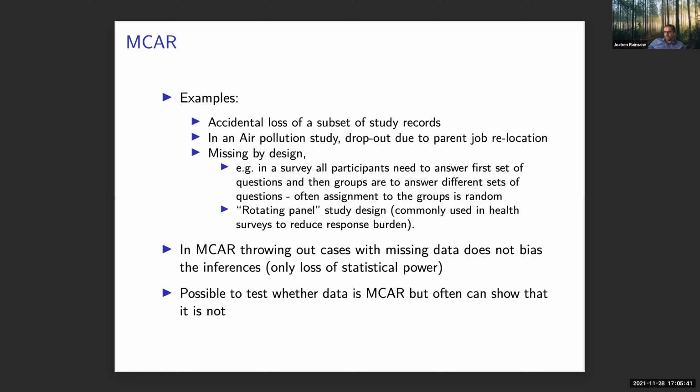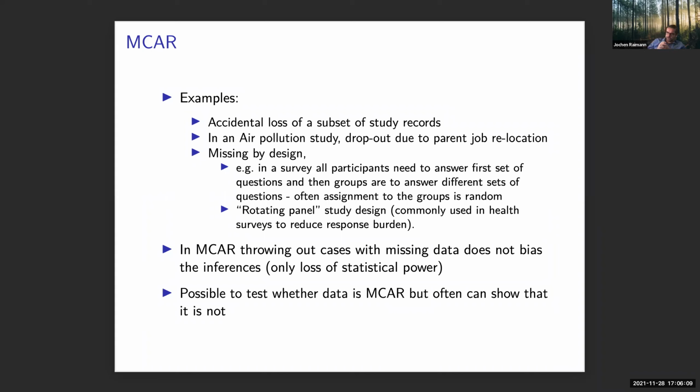In MCAR, throwing out cases of missing data will not cause any differences in the inferences. So it will only cause a loss of statistical power because of reduced sample size, but it will not cause a bias, which you're afraid of, because as soon as you have biased subpopulations with missing data as compared to those that have complete data, then you're not looking at MCAR anymore.